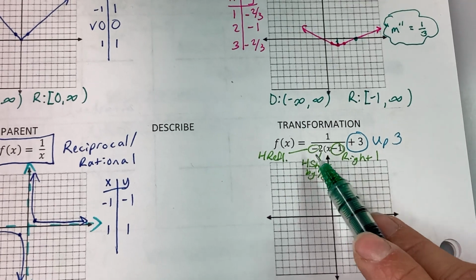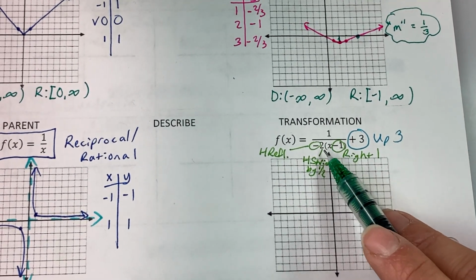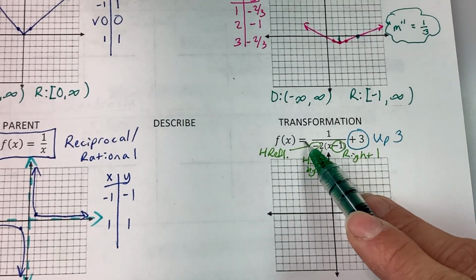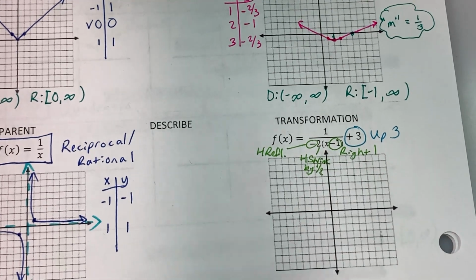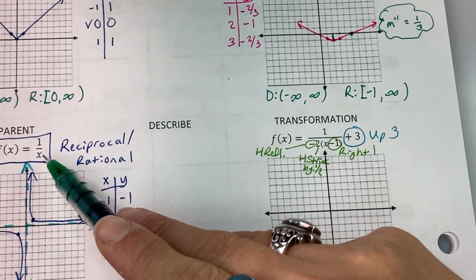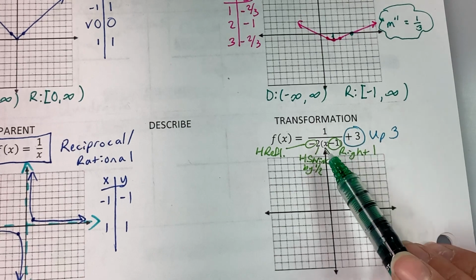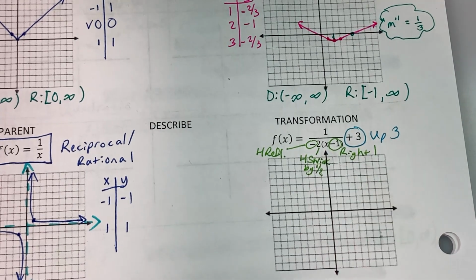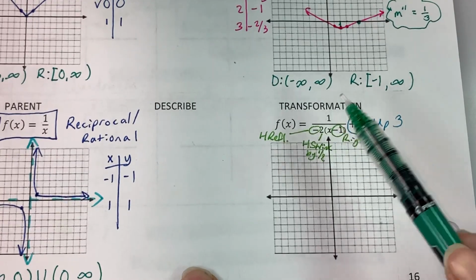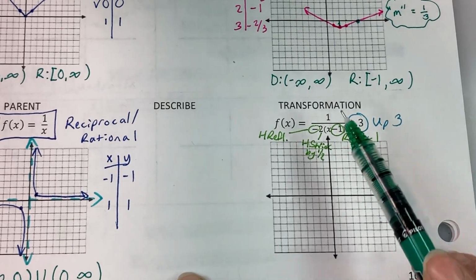But that -2 on the outside of the x is still considered inside of the function. Because it's down in the denominator, it's inside with the x. So both the negative and the 2 are horizontal, and keep in mind that that is 2 separate transformations.